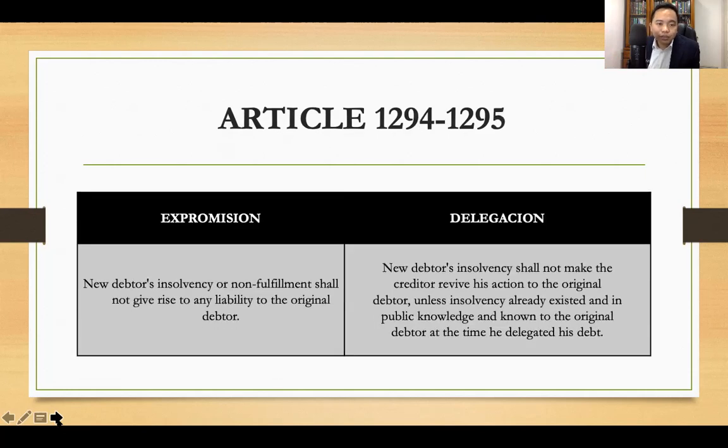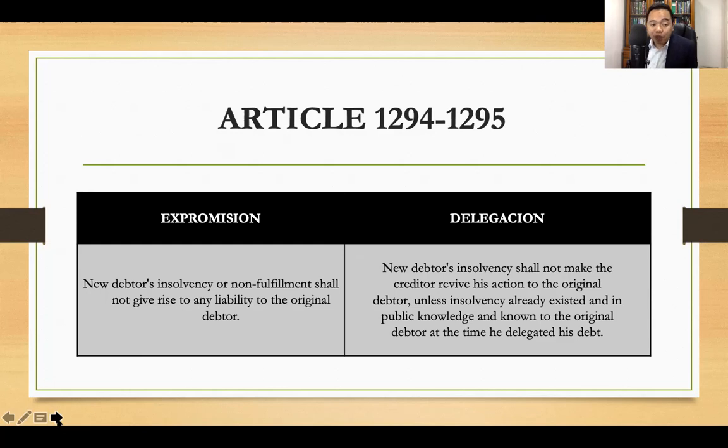Take note. Now, in expromission, the new debtor's insolvency or non-fulfillment shall not give rise to any liability to the original debtor. Okay? In delegation, the new debtor's insolvency shall not make the creditor revive his action to the original debtor unless insolvency already existed and is public knowledge and known to the original debtor at the time he delegated his debt.